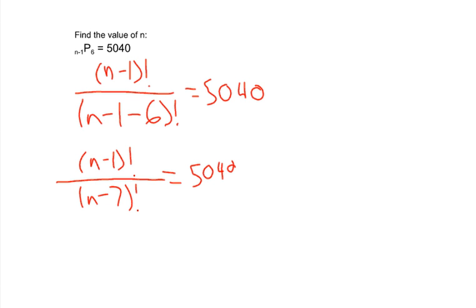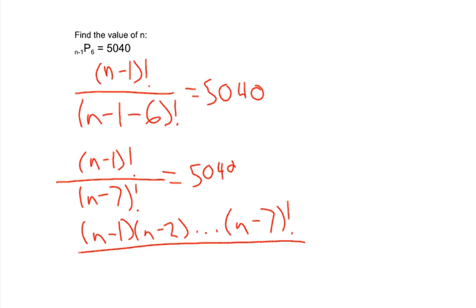And I told you this at the beginning, I unintentionally made this question much more complicated than I should have. Because what you're going to find is that it is really hard to find the answer to, with so many values of n. So we're not going to do it. When you get to this point, you can recognize that it's going to work out to n minus 1, n minus 2, dot, dot, dot, n minus 7 factorial over n minus 7 factorial.